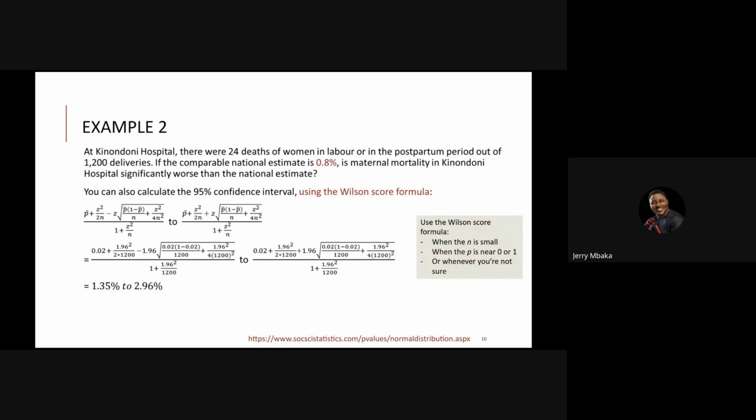So, sir, you're saying that when we do a z-test for a sample, just to be sure whether we should go further to do a Wilson score test, do we have to check for both the p-values and the Wald's test for that sample?